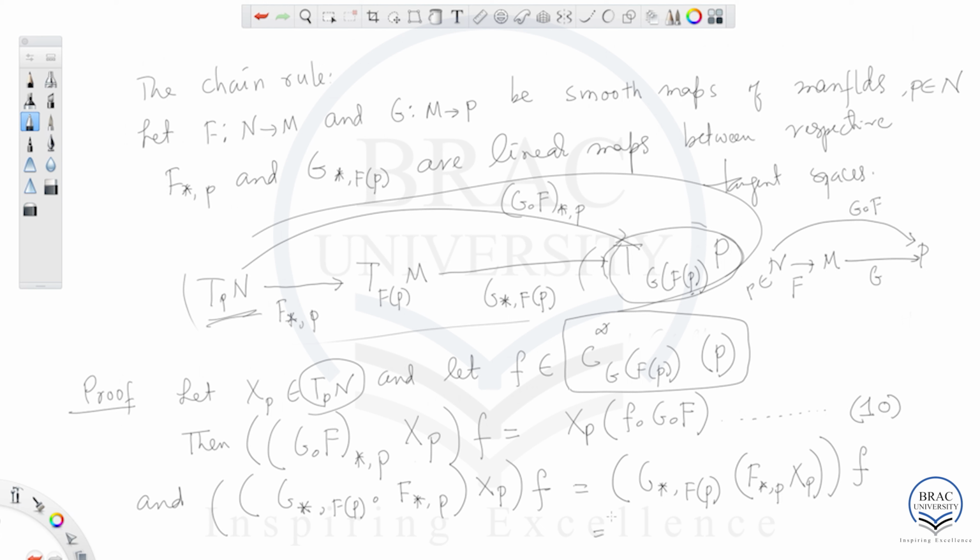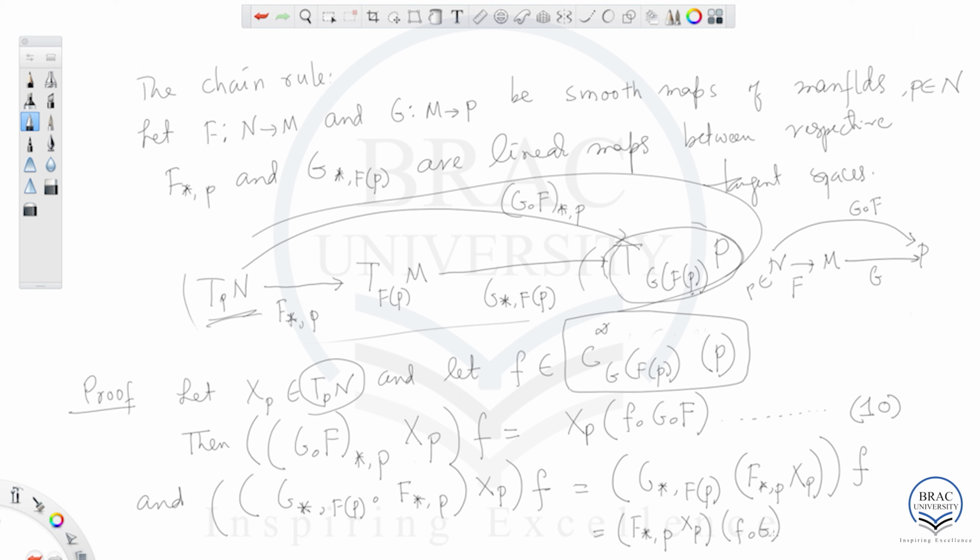Now we apply the definition of a differential, and that tells us that this is just f star comma p acting on x sub p, acting on f composed with g.